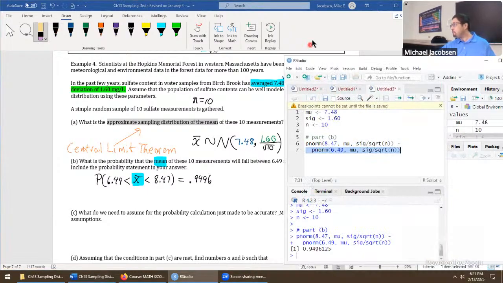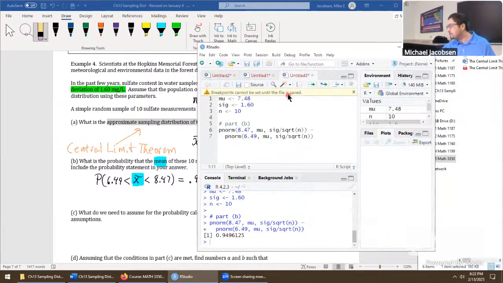Well, any questions at all? Oh, I got a couple chats. Hayes says, can you tell me why I'm getting a different value? Yeah, absolutely. So you've got p norm mu sigma divided by square root n minus p norm 6.49 mu sigma divided by square root of n. It might have something to do, what is that? Oh, good eye.